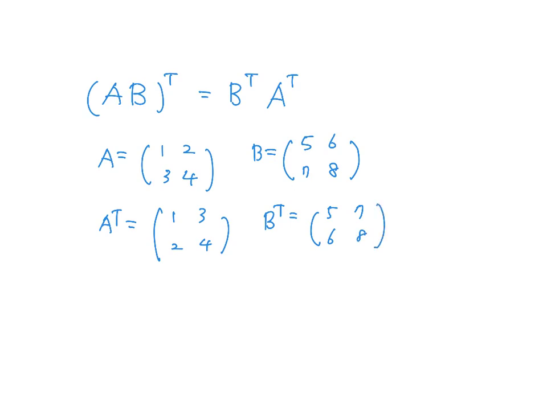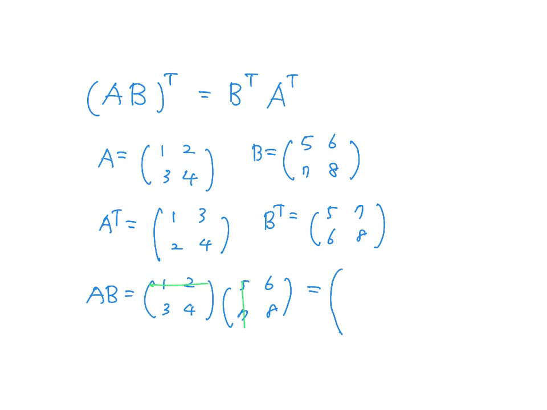So let's multiply AB first: 1, 2, 3, 4 times 5, 6, 7, 8. By now you should be able to do this 2 by 2 matrix multiplication very easily, right? Because if you have done your homework, complicated matrices like 3 by 3, 4 by 4, 5 by 5. But let's do it slowly.